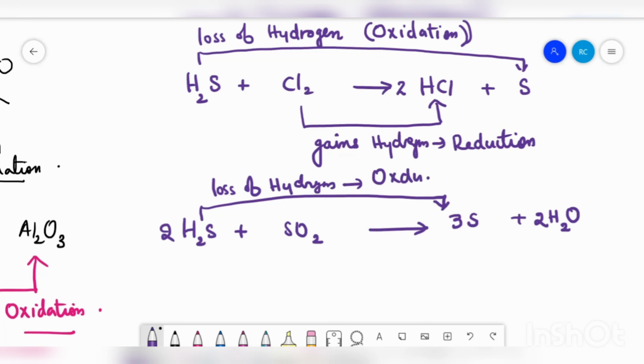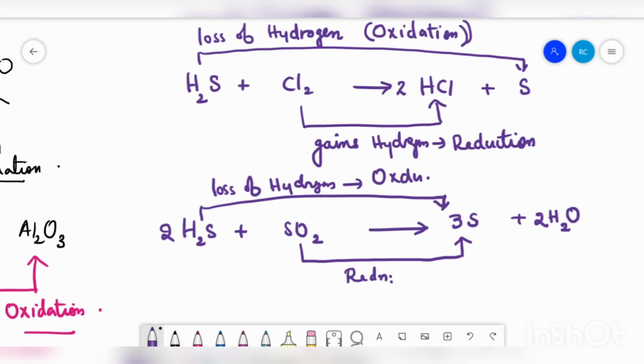What happened to sulfur dioxide? Sulfur dioxide lost its oxygen. So this one is reduction. So loss of oxygen here is reduction and loss of hydrogen is oxidation.